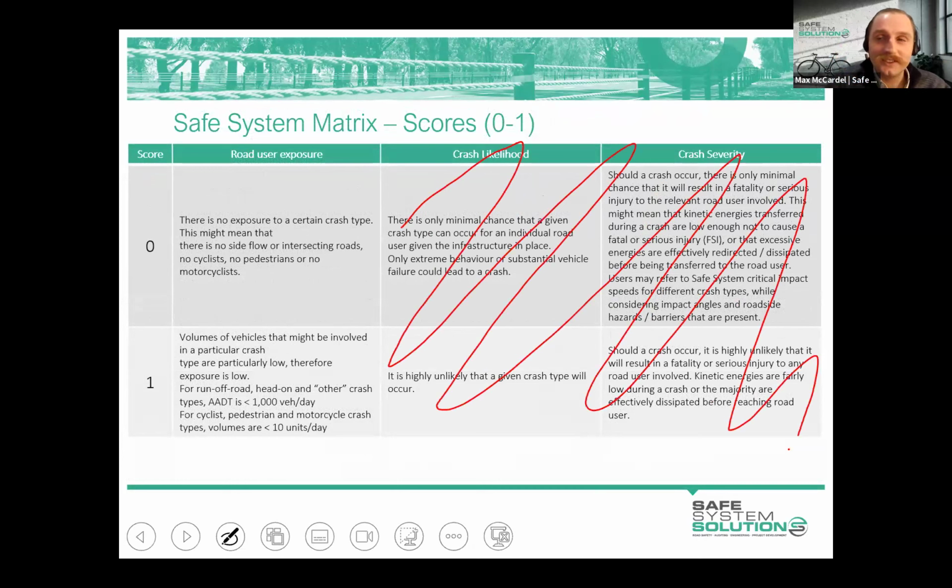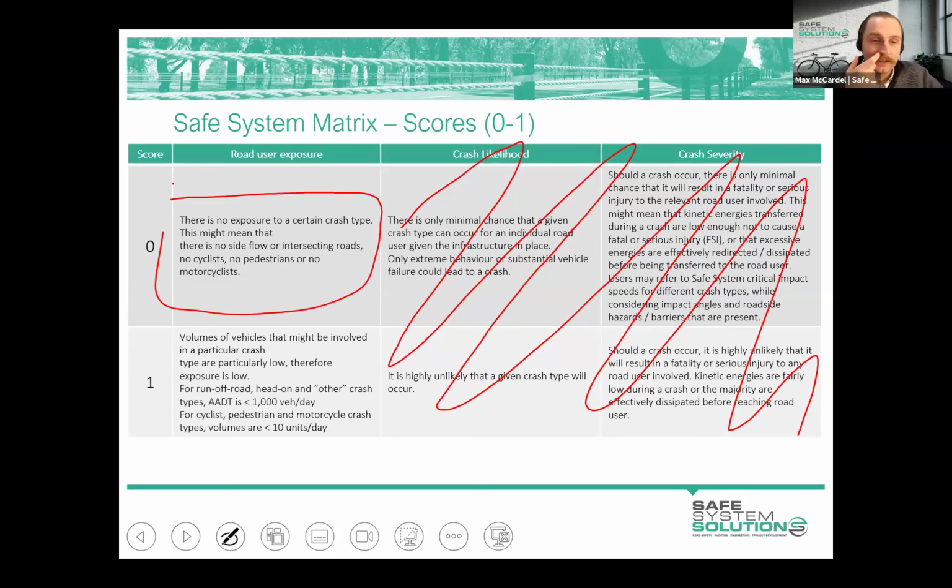So to give a road or the site that you're assessing a score of 0, you need to say that there is no exposure to a certain crash type. In other words, there is no side flow or intersecting roads, cyclists are banned, pedestrians can't enter that space, or vice versa, vehicles cannot enter that space.